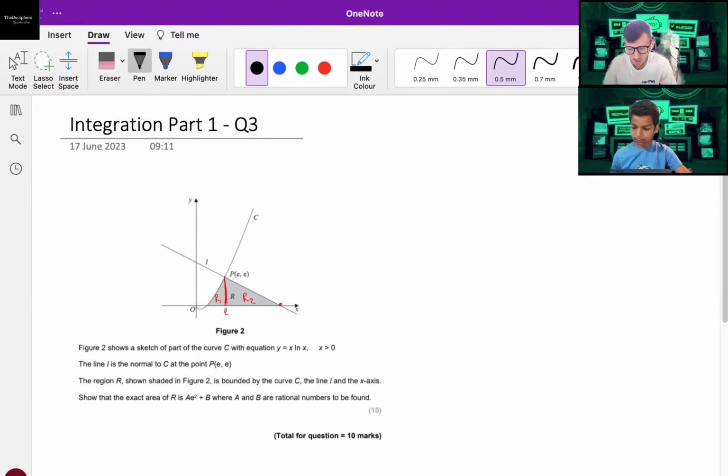It's 10 marks. So it's good technique to break it down into what you need to work out. We've got two shapes we're going to find the area of. One's a triangle. Let's deal with that first before we even start thinking about the integration. So you're right, we're going to find the equation of that line so we can find the width of that triangle, the base of that triangle.